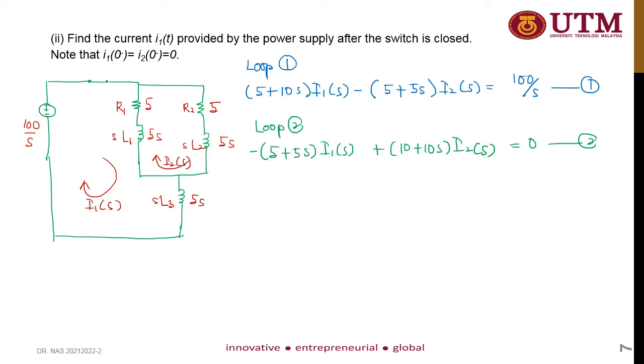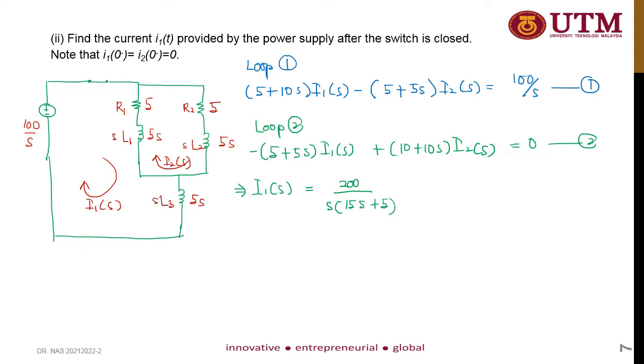Please solve equation 1 and equation 2 to get the final equation of I1(s). This is the simplified step, so please make sure you derive equations 1 and 2 until you get I1(s). In this case I1(s) equals 200 over s(15s plus 5).